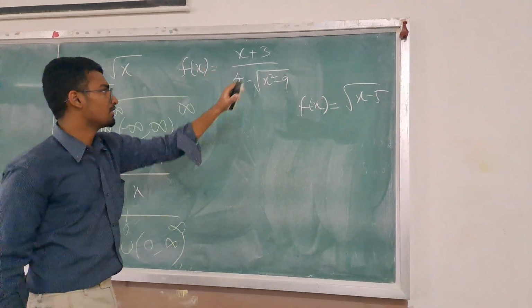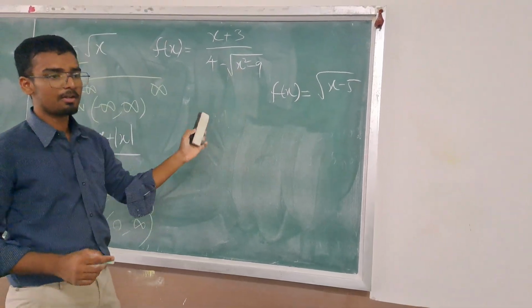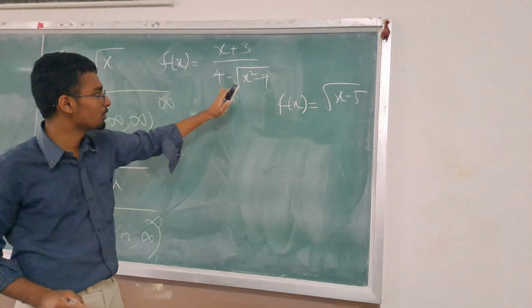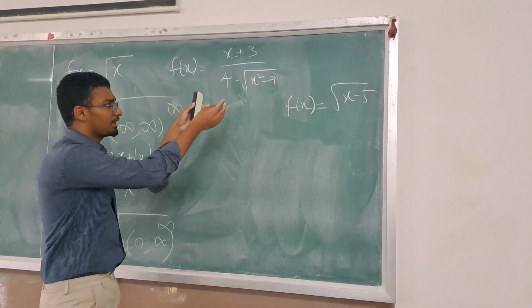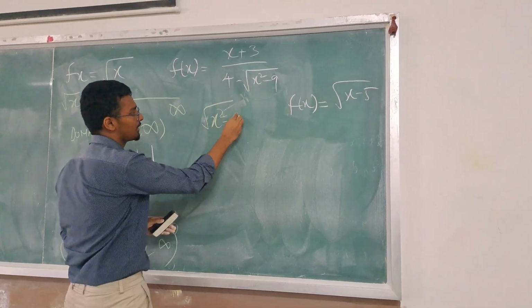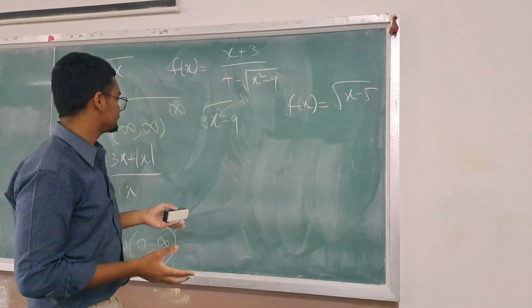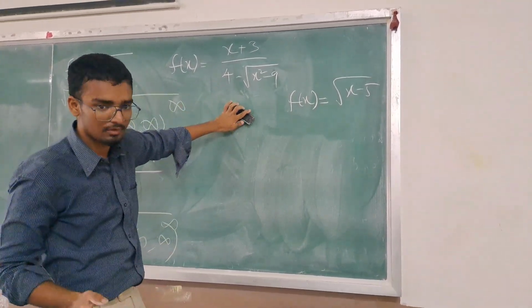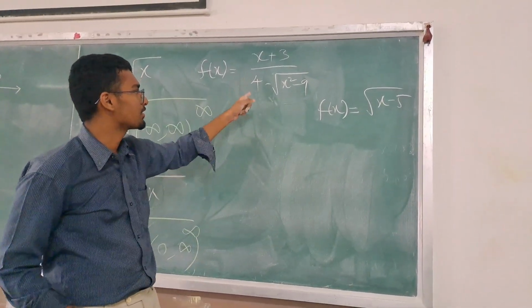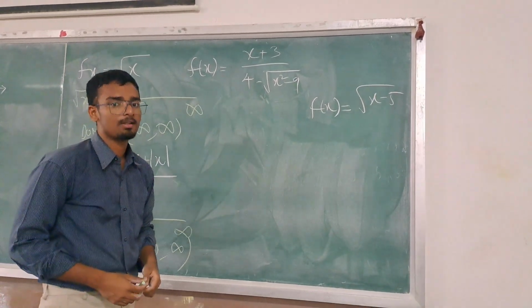The next function is x plus 3 in the numerator, and the denominator is 4 minus the term with the root. So I separated the term with the root, x square minus 9. The function represents x plus 3 by 4 minus root of x square minus 9.